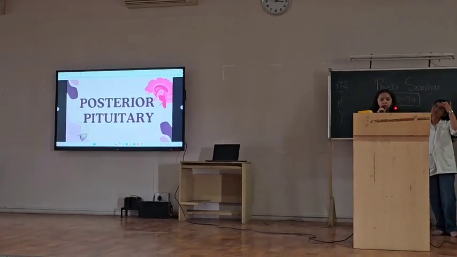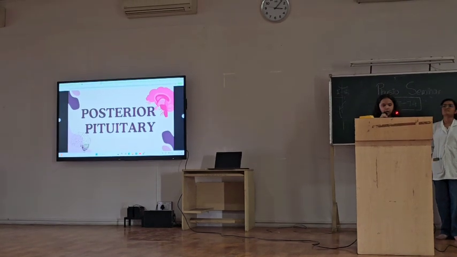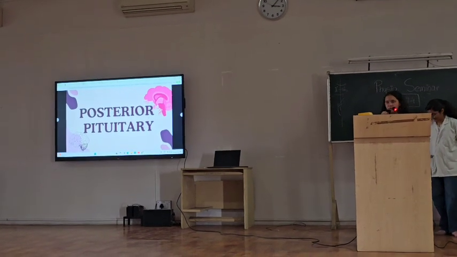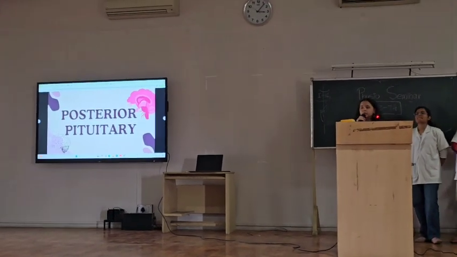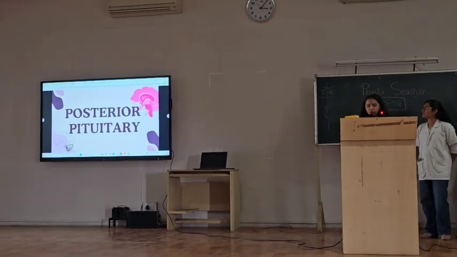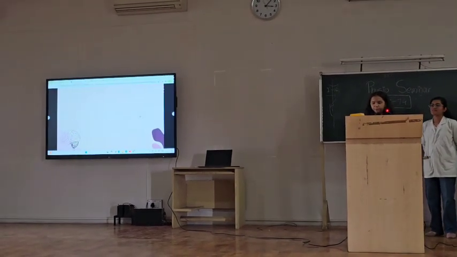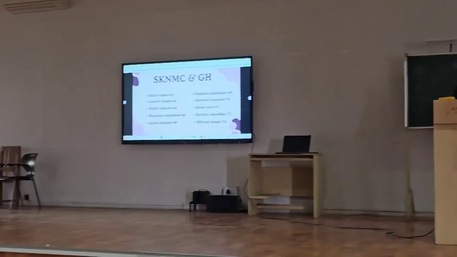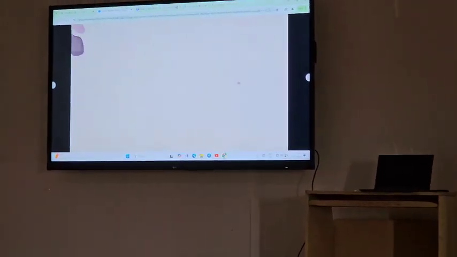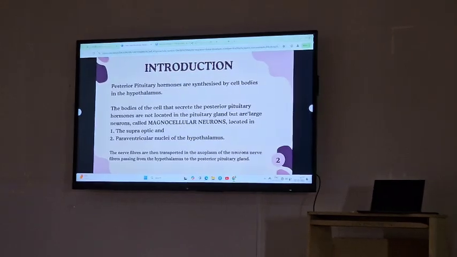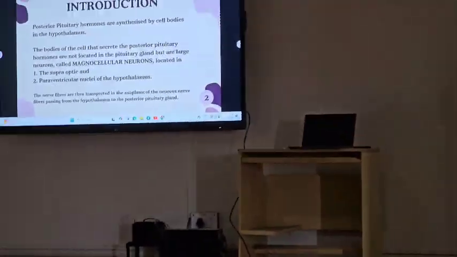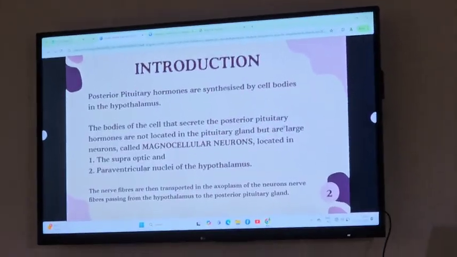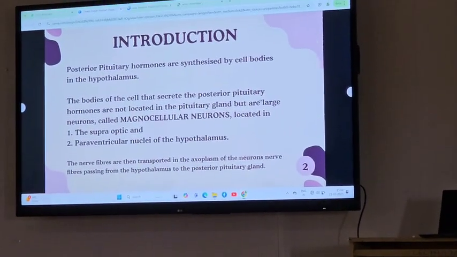I'll be briefing you all about the posterior pituitary itself, and then we'll learn about its components in detail. One thing about the posterior pituitary we all know is that posterior pituitary hormones are synthesized by the cell bodies in the hypothalamus.